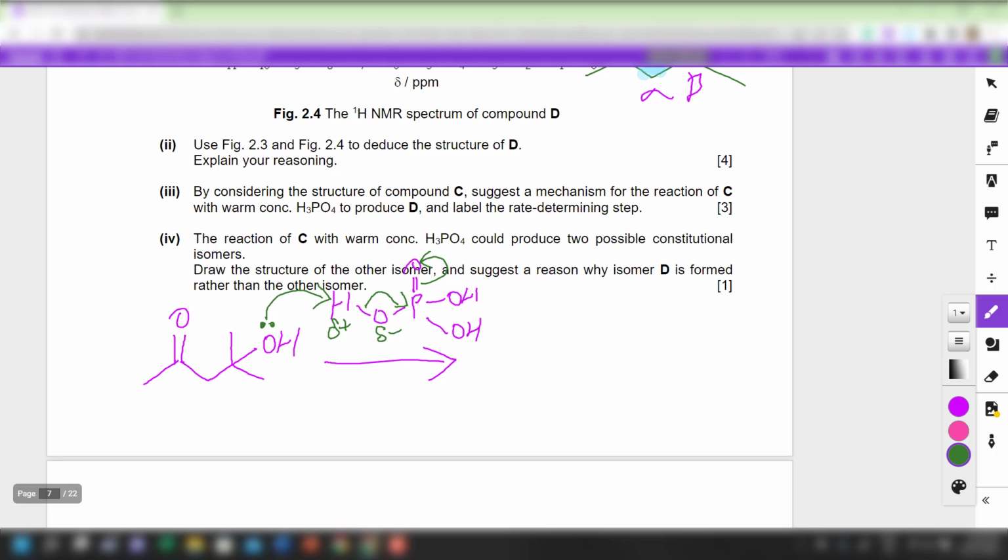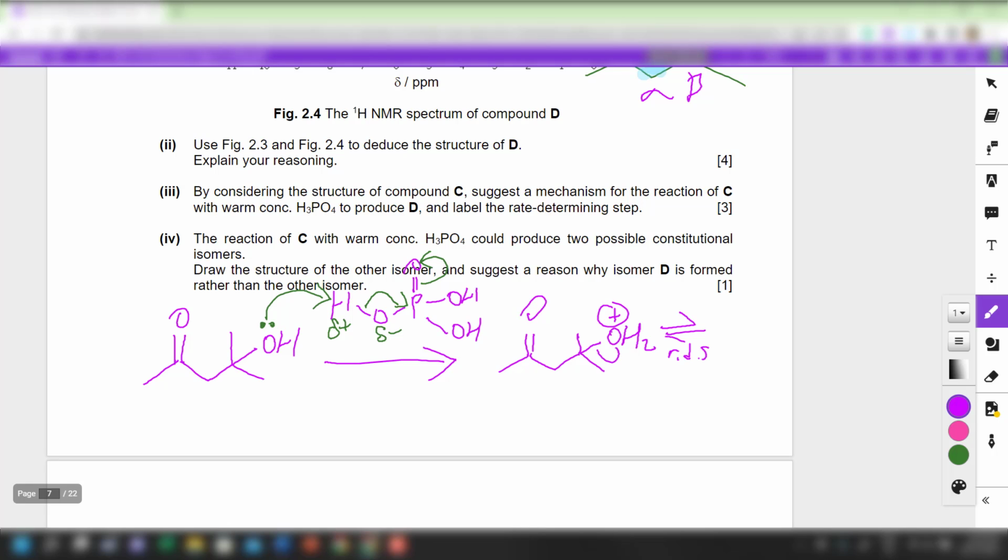The outcome is the same. After that, I'm going to draw out the intermediate, which is actually a good leaving group. This takes on a plus charge, and of course the rate determining step involves the heterolytic cleavage of the C-O bond. So this is the RDS.